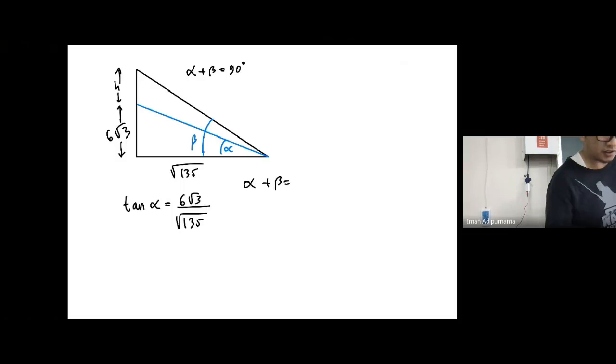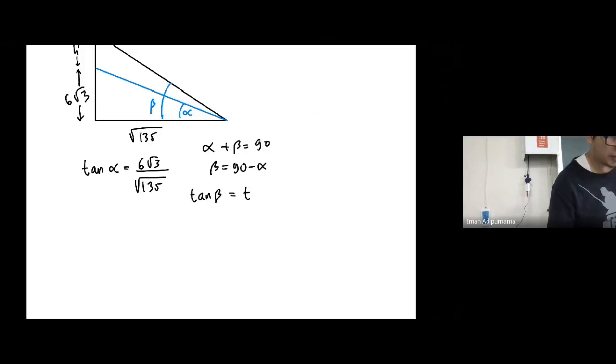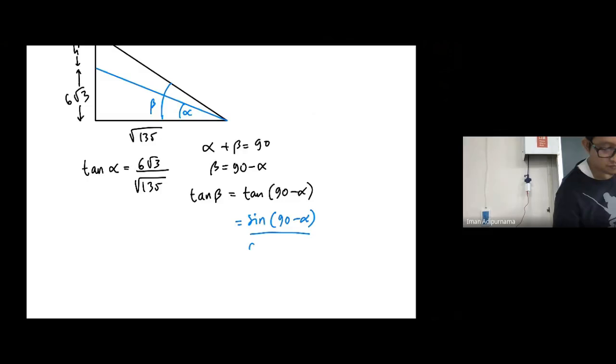Let me write: alpha plus beta is 90, so beta is 90 minus alpha. So tangent beta is equal to tangent of 90 minus alpha. Let me write the sine and cosine, because they are both complementary.